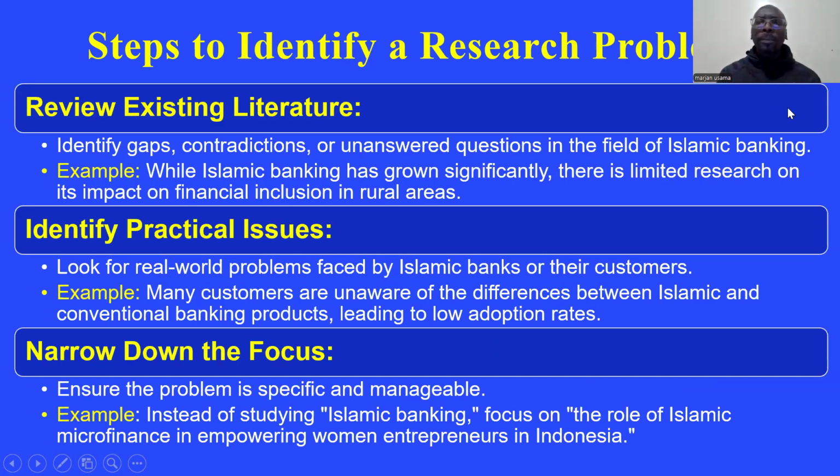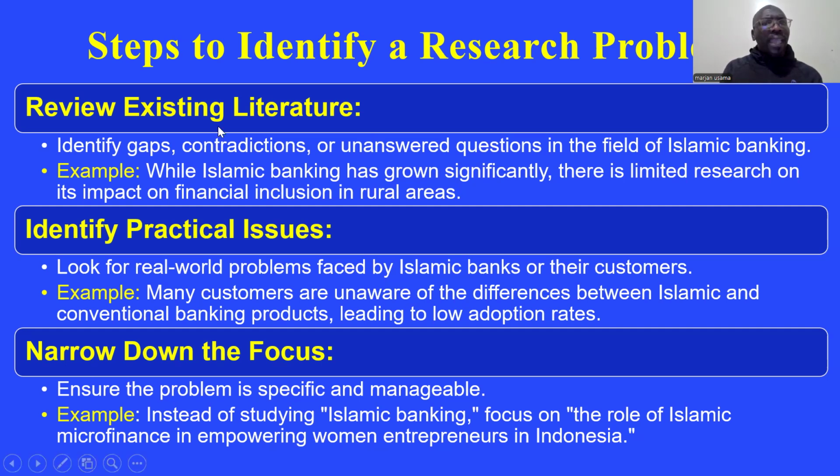So for example, steps to identify a research problem. Number one, when you want to identify mushkilatul bahth, a research problem, review existing literature. Do a thorough research. Read journals, read researches that have been written by other people.